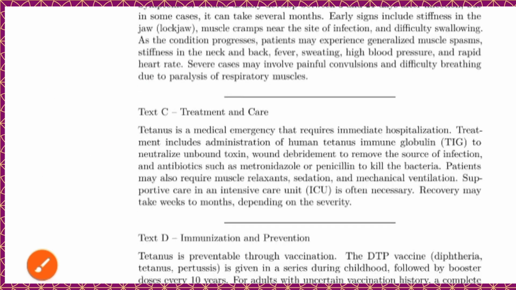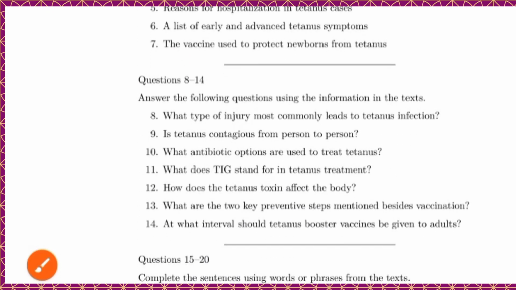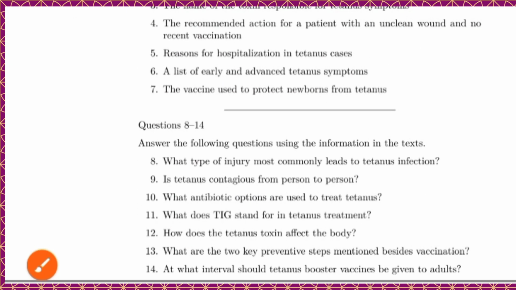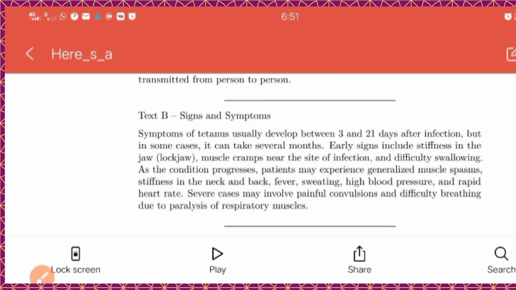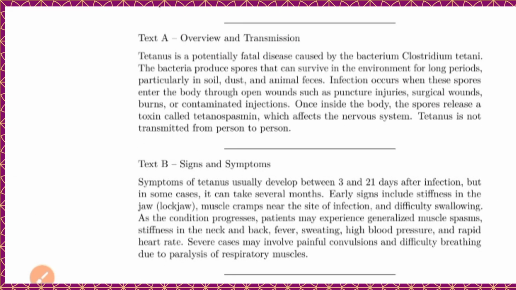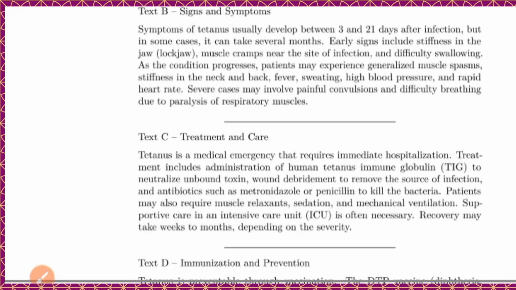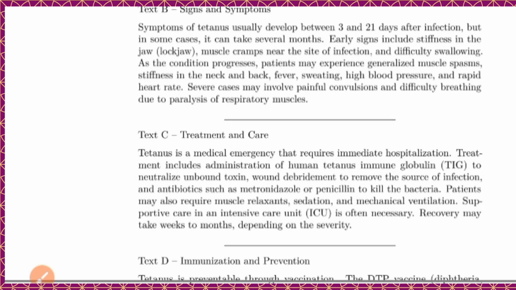Next is the 10th question: what antibiotic options are used to treat tetanus? We have to find the antibiotic for the treatment of tetanus, okay. For this we move to A first. It's just about transmission, and then signs and symptoms, but treatment is mentioned in text C. So here in C, antibiotics, okay.